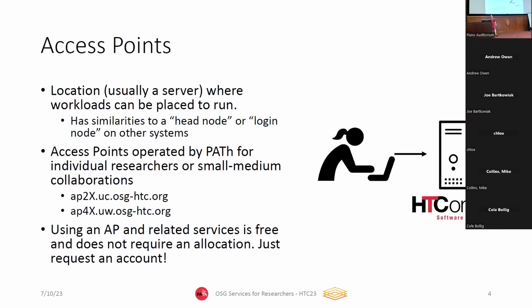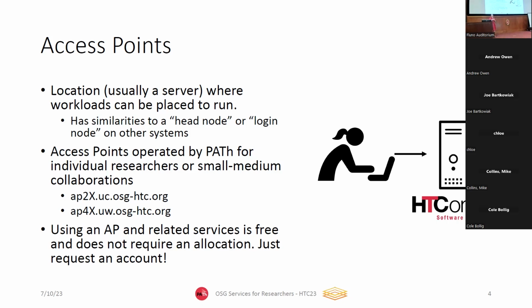Okay, so my researcher now has this tool, this software that's going to manage her high throughput workload. Where is she going to manage it from? Well, an access point. So this is a location where you can place your workload to run on some set of resources. Access point may be a new term to some of you. It was defined in a previous talk. Define it again.